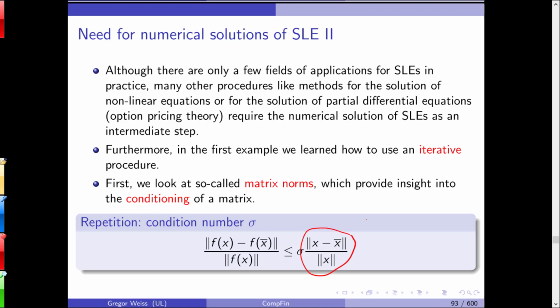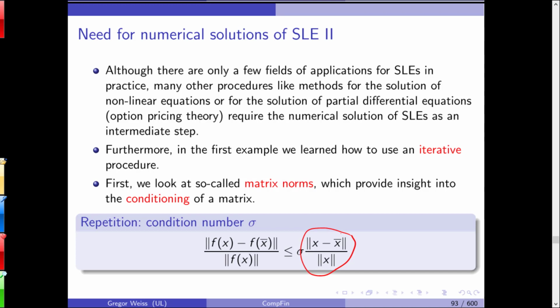For the condition number, we have no additional error introduced by an erroneous algorithm. But if, for example, x bar would be 0 or would be x, then we would get the exact result we should get.